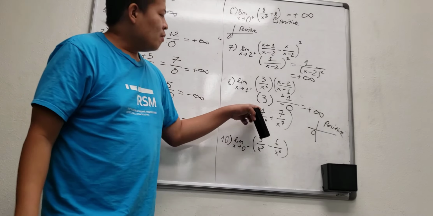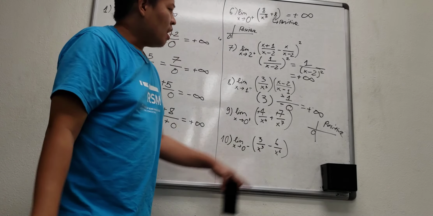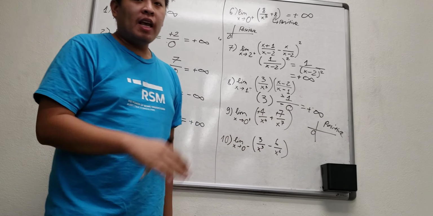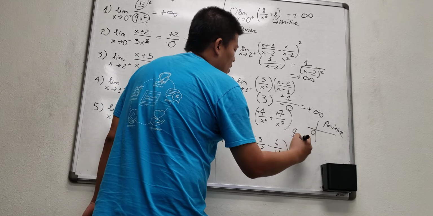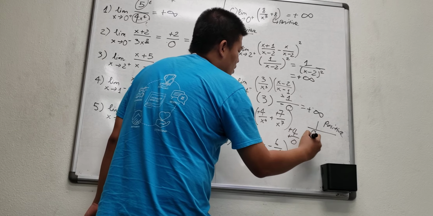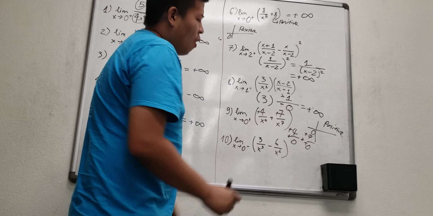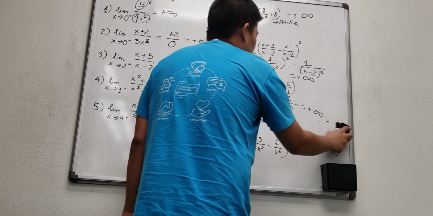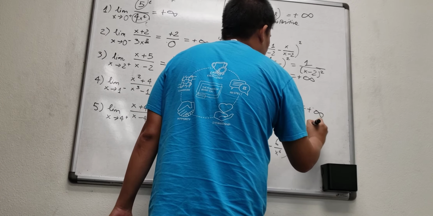So we have number 4 which is positive, 7 is positive, and from the right to the left, this area is positive, and we have 4 divided by 0, positive and positive, plus 7, positive and positive. So all the numbers in here are positive, so we can get positive infinity.